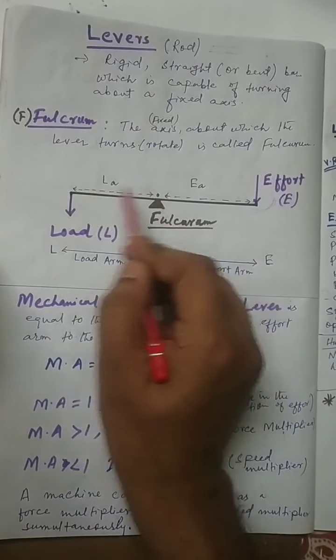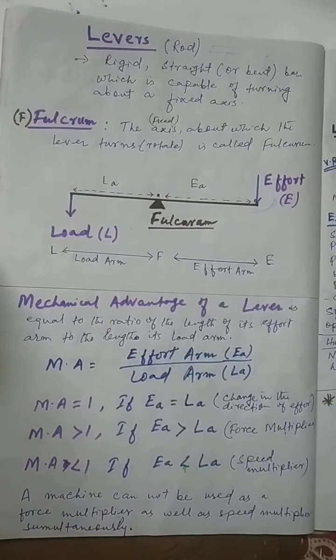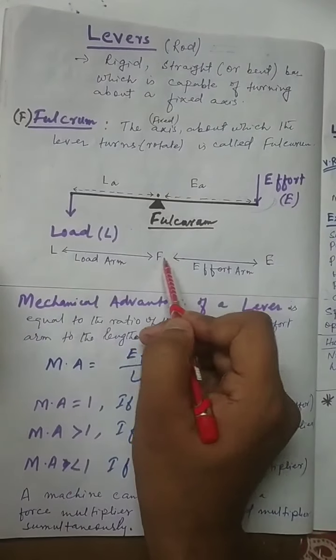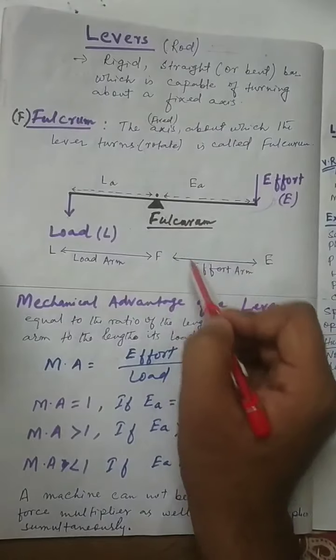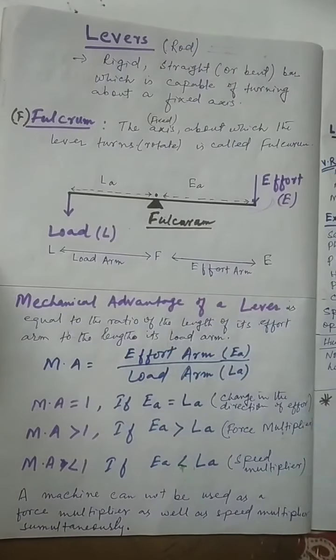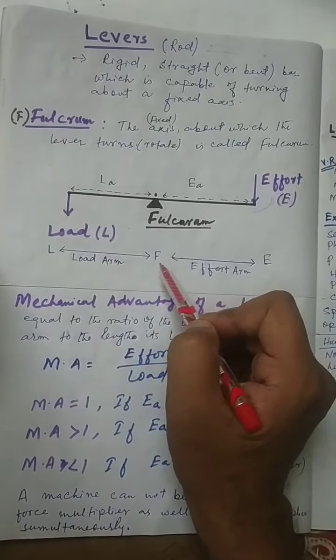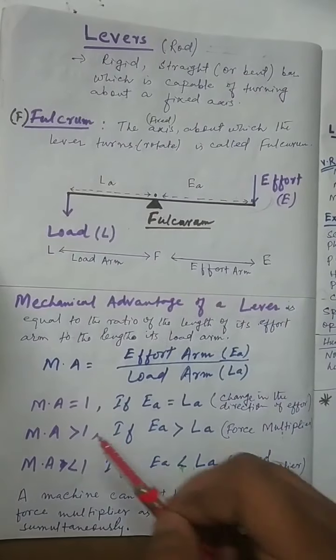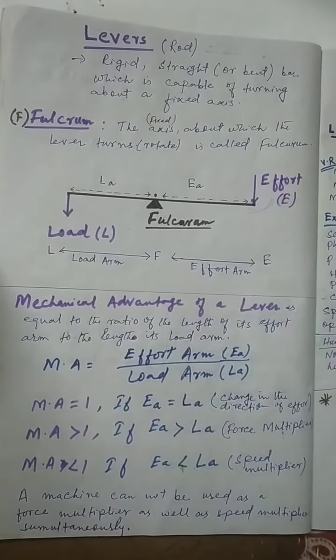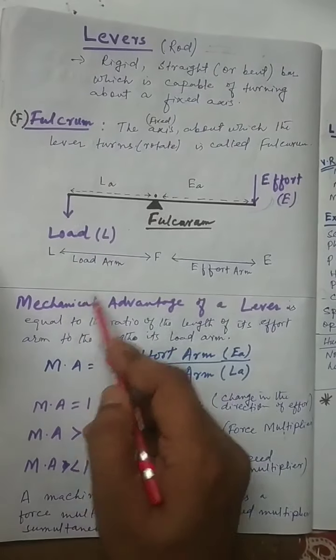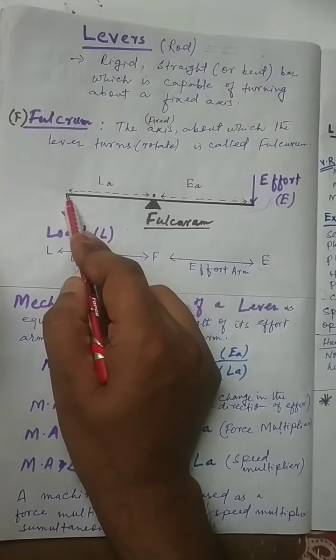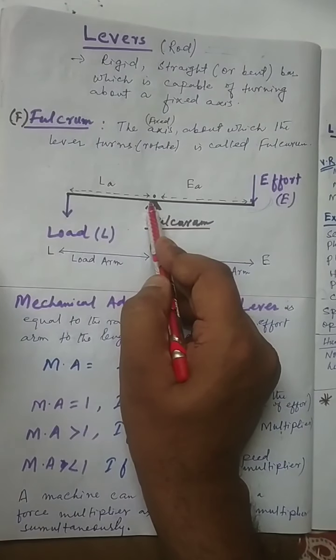Now, the distance between load and fulcrum is called the load arm. And the distance between fulcrum and effort is called the effort arm. Always the distance between load and fulcrum is the load arm, whether the fulcrum is here and the load is here.